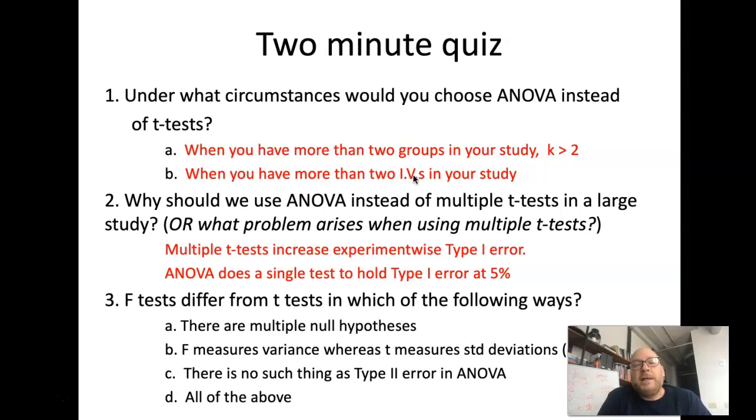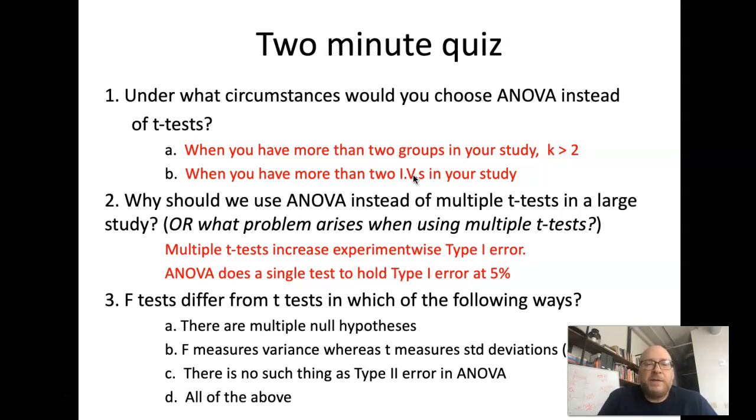So if you did 3 t-tests and rejected the null hypothesis 3 times, and you used the alpha of 0.05 each time, it would expand to almost 15% by the end of all of those comparisons. So what ANOVA does, as I'll show you today, is it does a single test that holds the overall, what's called the experiment-wise type 1 error at 0.05. So we do it because it prevents type 1 error inflation.